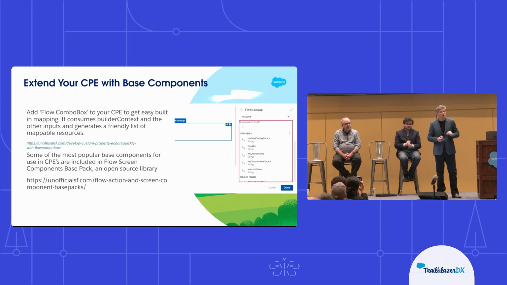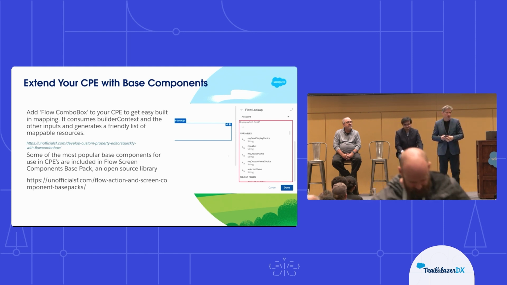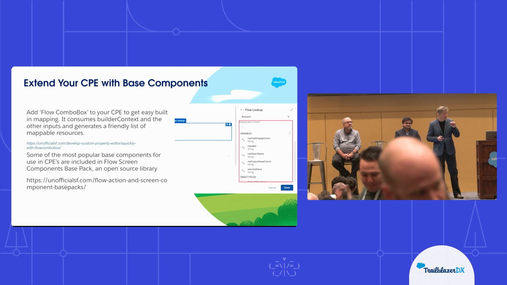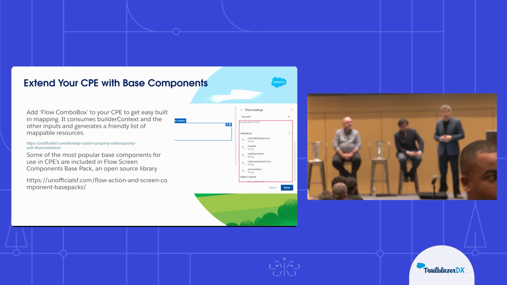There's a lot of optimized base components that have been built to make it easier to build custom property editors. One of the most important is Flow Combo Box. In dealing with actions, as you've picked up already, a lot of the lift is mapping some upstream output to the input of your action and making it possible for the outputs that your action generates to be used further down the flow in other actions.